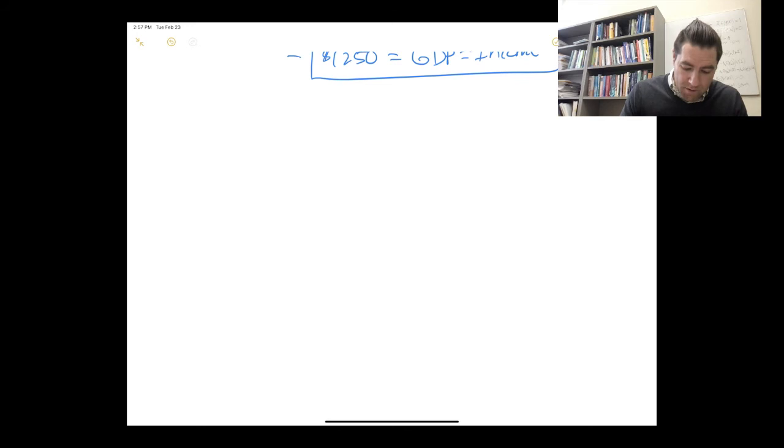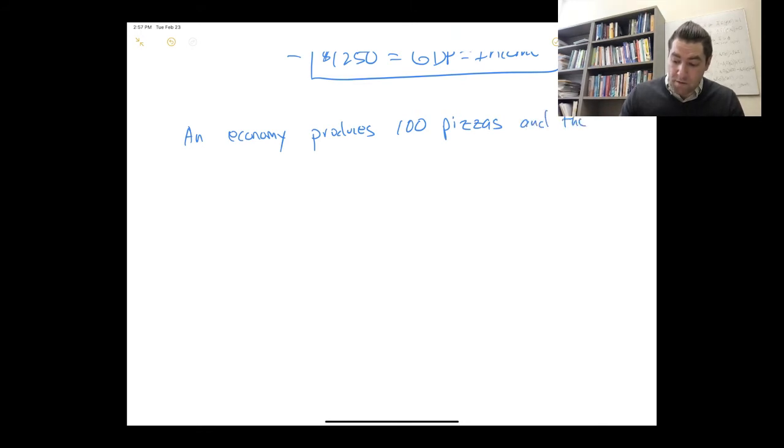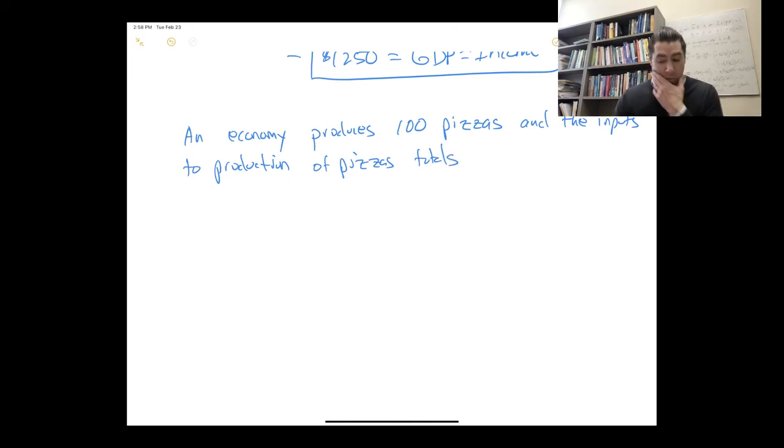An economy produces 100 pizzas, and the inputs to production of those 100 pizzas total $800.